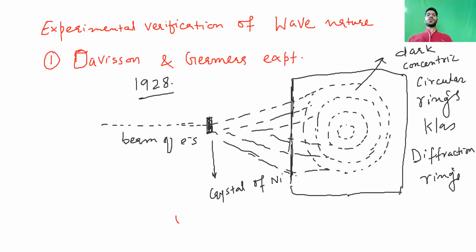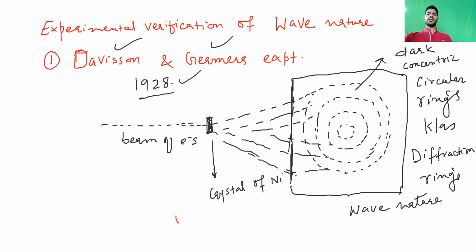So these electrons, which produce the same dark concentric circular rings as produced by X-rays, will also have wave nature. So electrons have wave nature. It was experimentally observed by Davisson and Germer in 1928.